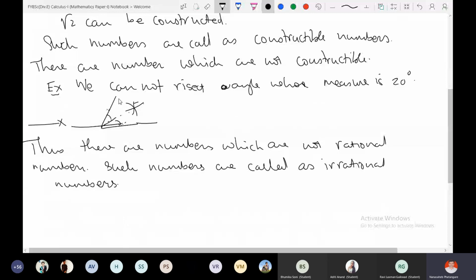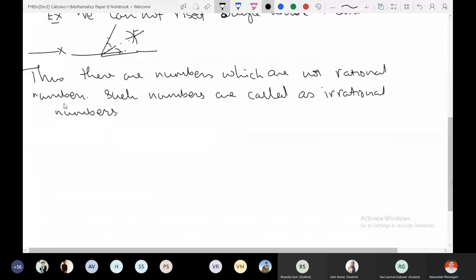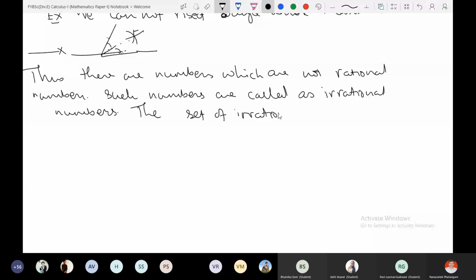So the set of irrational numbers is denoted by Q complement, and the set of rational numbers is denoted by Q.